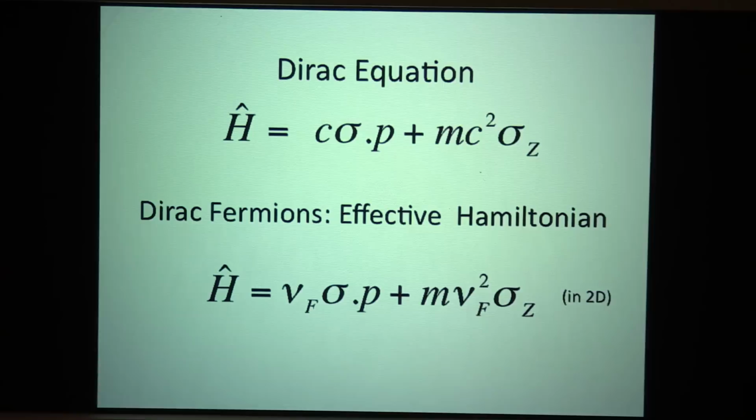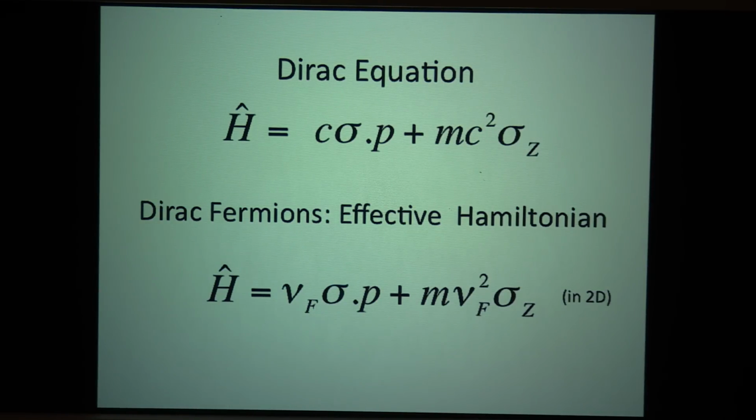The interesting thing about these surface states is that they look like Dirac systems, meaning the low energy physics of these surface state electrons is described by a Hamiltonian that looks exactly like the Hamiltonian that describes relativistic particles in free space.